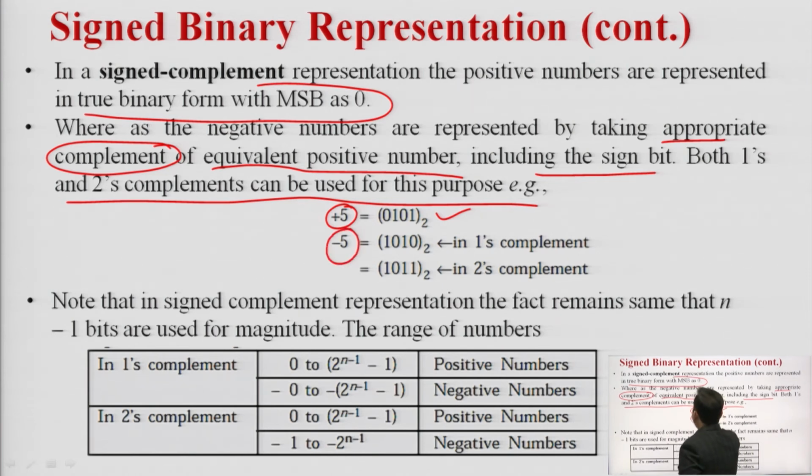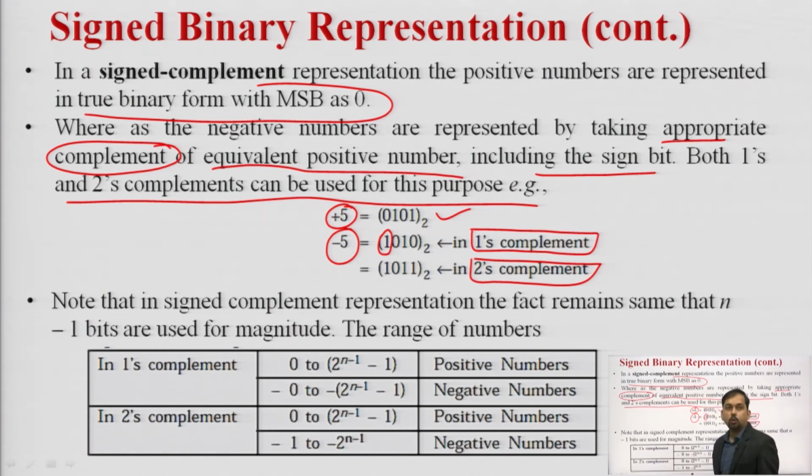Now, the signed binary representation is really for the negative numbers, right? Because in representing the positive number we don't have any difficulty; the difficulties are for the negative numbers. So if we want to represent minus 5 in this form, directly take the ones complement of this particular result. And if we want twos complement, again perform the ones complement and add 1 to the LSB.